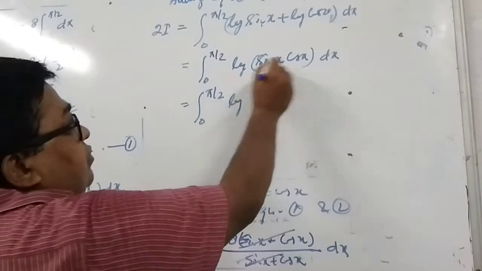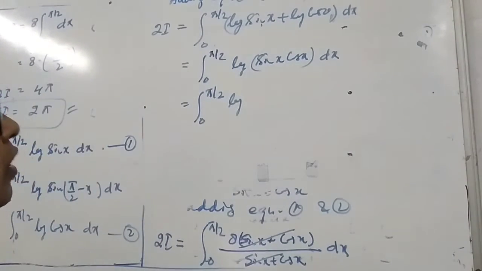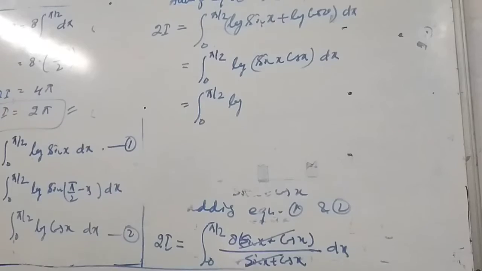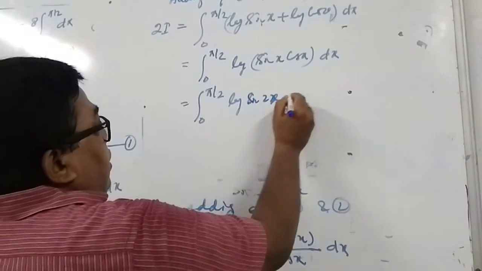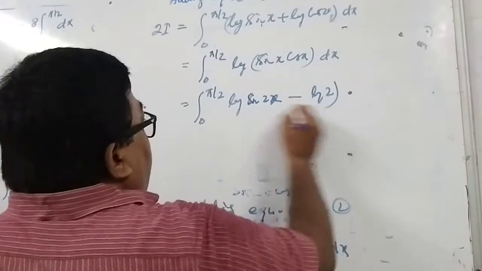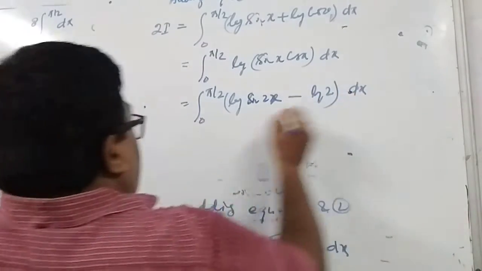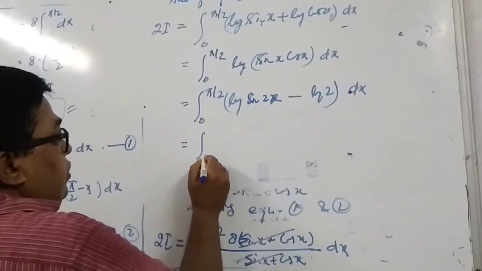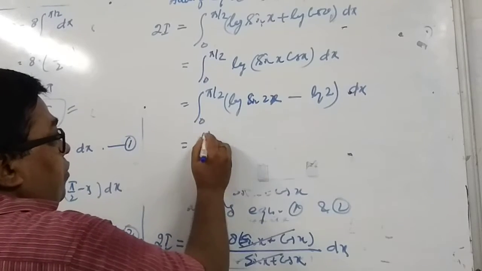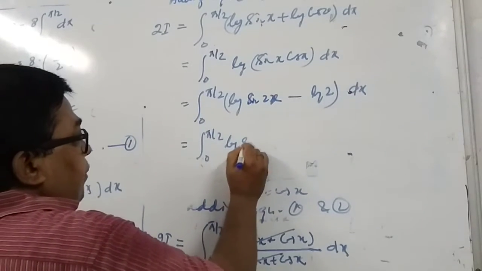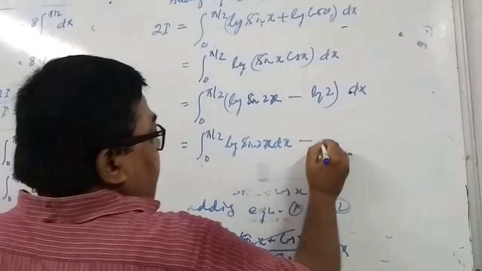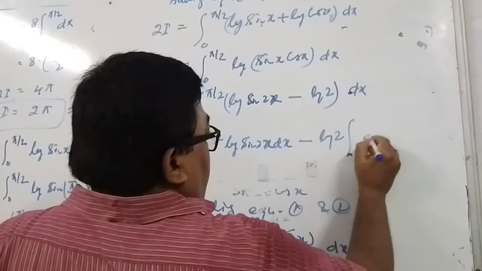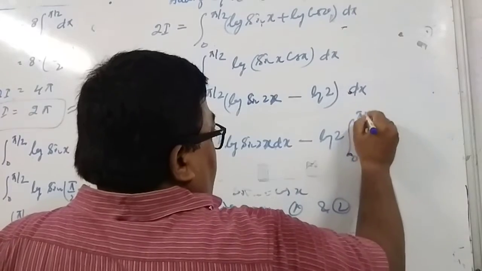So the numerator becomes 2 sin x cos x, and the denominator 2 sin x cos x becomes sin 2x. So we can write it as log sin 2x minus log 2, dx. Further, from 0 to pi by 2, separating: log sin 2x dx minus log 2 dx, from 0 to pi by 2.